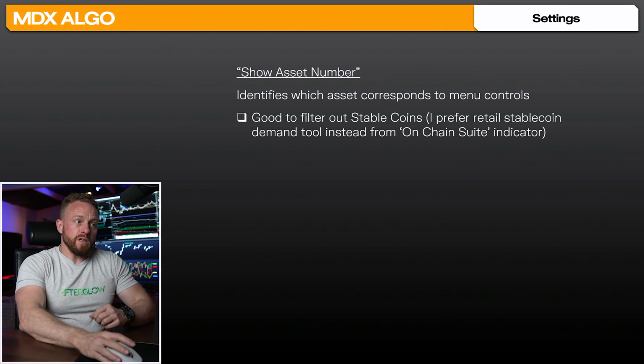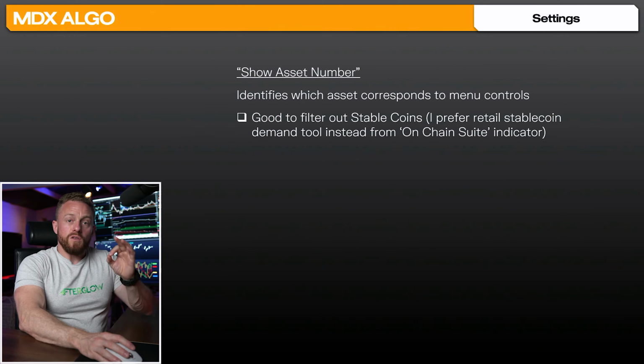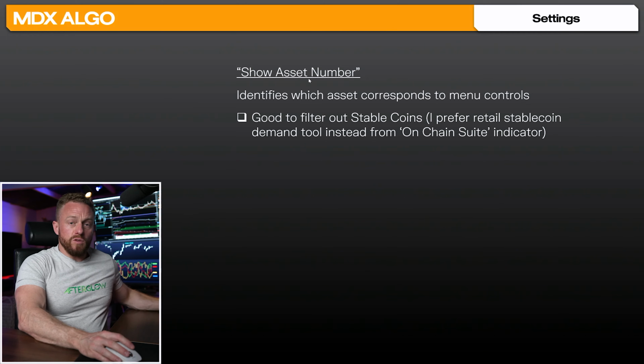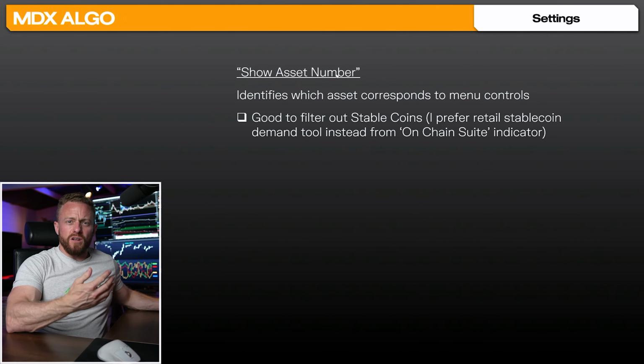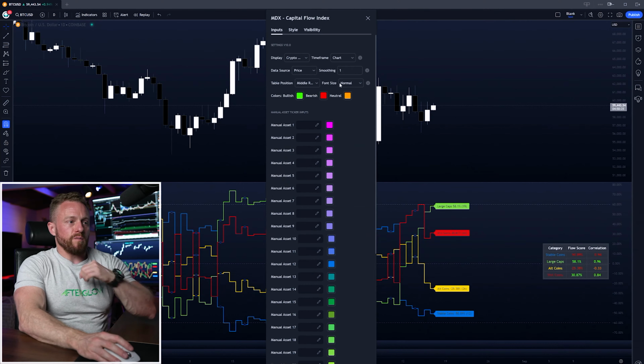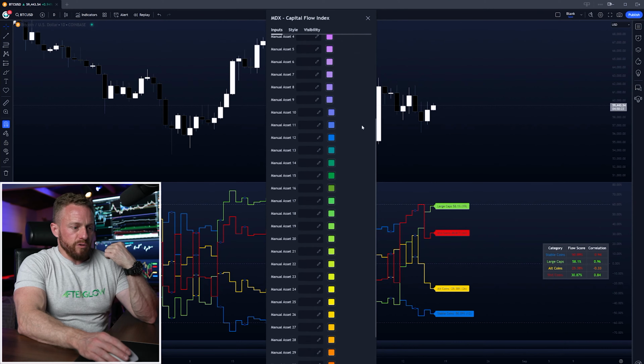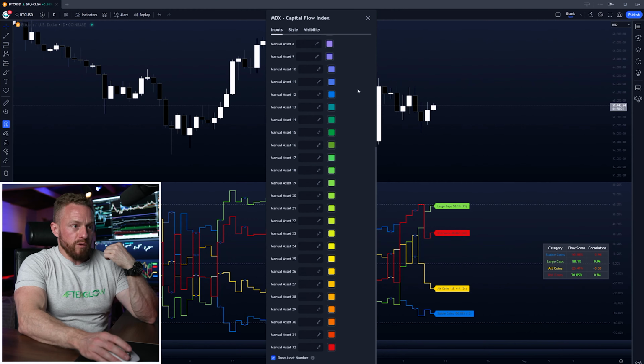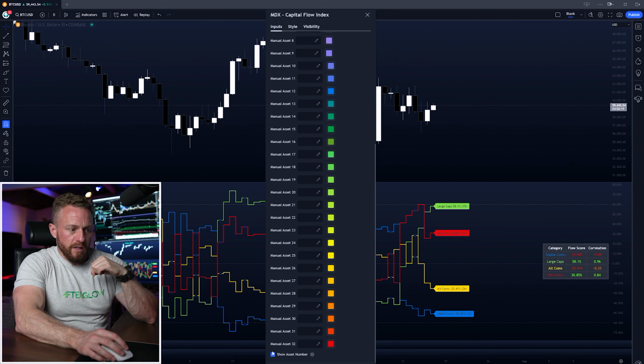The next setting is to help you turn on or off different assets. And you do that with this show asset number option, which I like to use to remove the stablecoins line, because we can see that in a more advanced way on one of the other indicators. So you'll find this option towards the bottom of the menu down here.